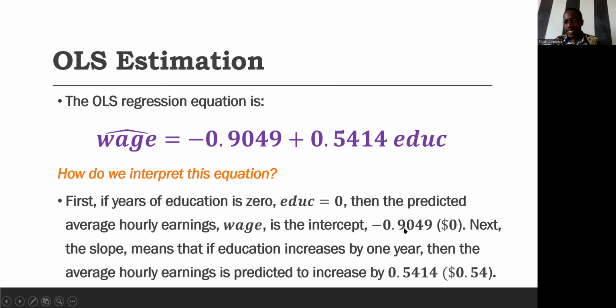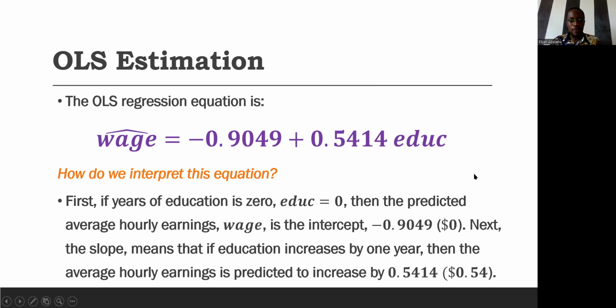Now, this is not ideal because nobody is going to earn negative $0.90. So maybe once it's negative, we just assume it is 0. All we are trying to say is that a person earns nothing with no years of education. That is how you interpret the intercept.